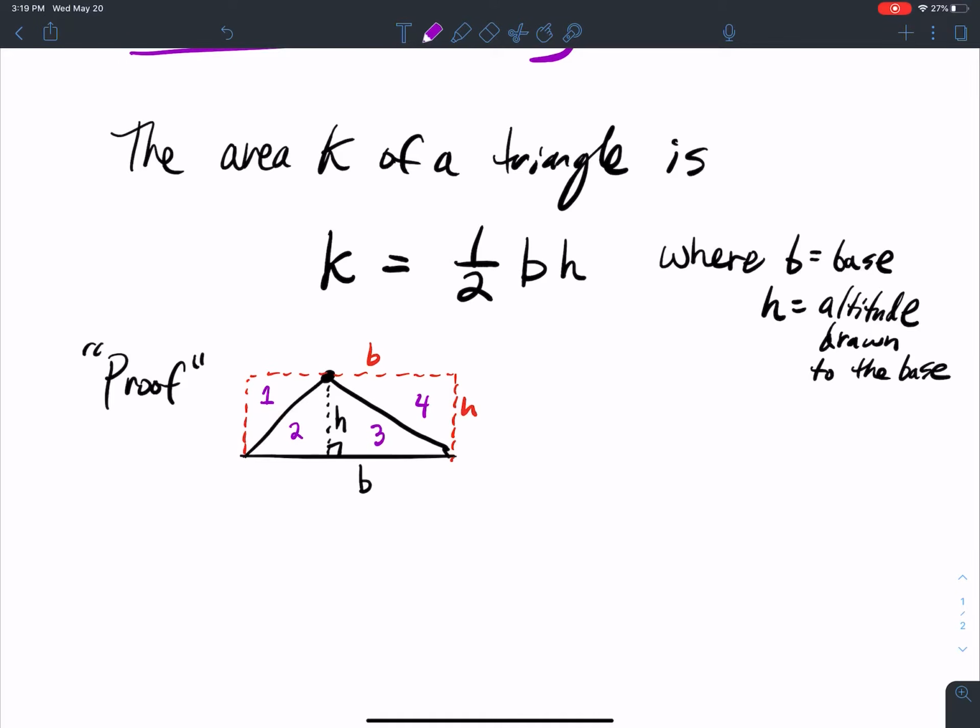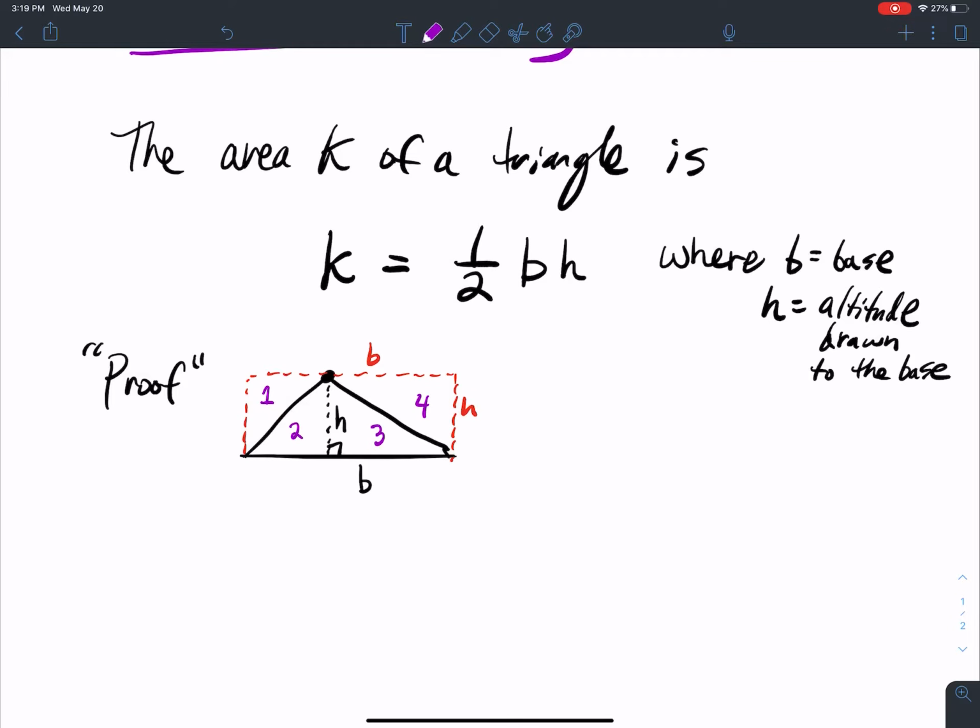So triangles 1 and 2 are equal in area. If you think about it, that rectangle, those are equal area. And triangles 3 and 4 have equal areas as well.